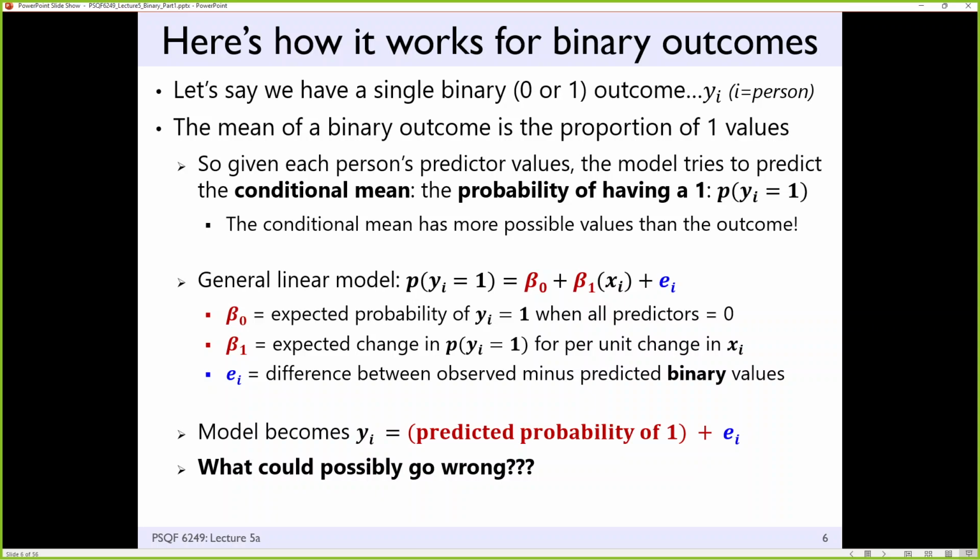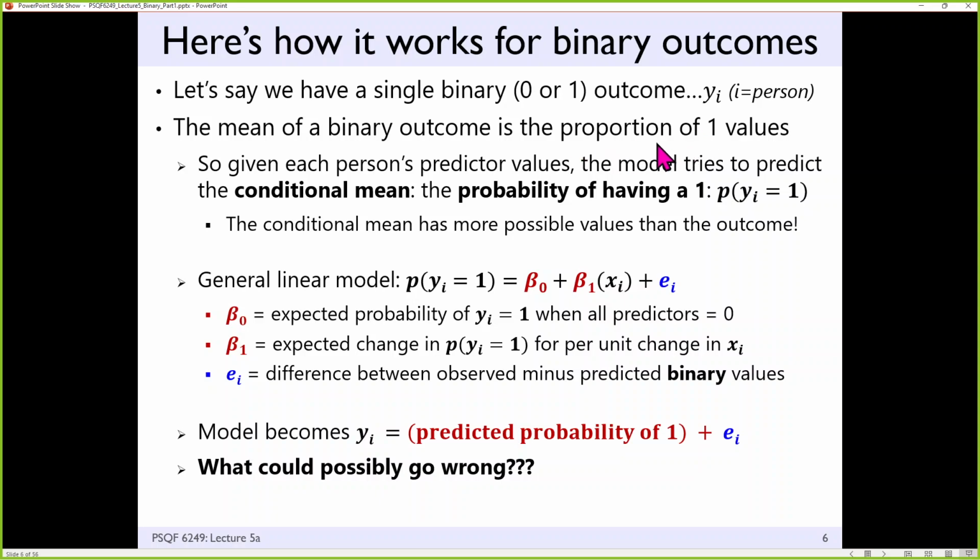But on that same idea, let's say that I know that 30% of my sample has a 0 and 70% has a 1. What's my best guess for the probability of a 1 for any rando in my sample? 0.7. So that has a special name, like it's the proportion of 1 values, but it's still the mean.